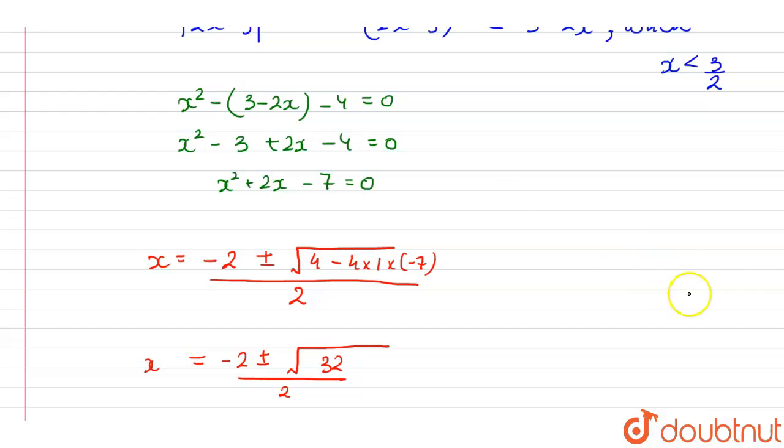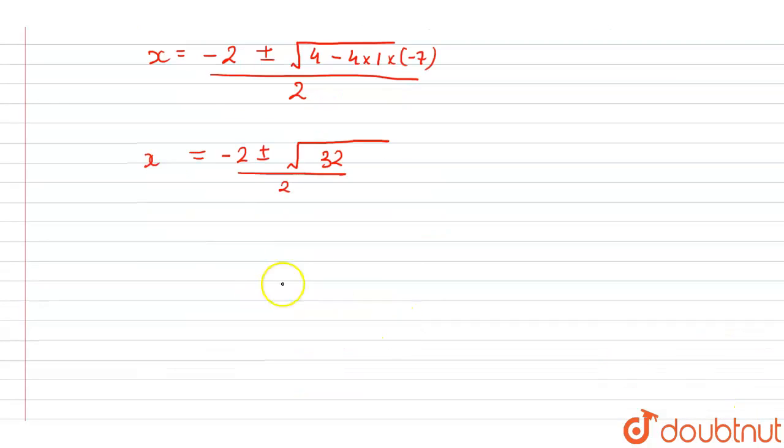So from this we get two values of x. One value of x will be minus 1 minus 2 root 2, and the other value of x will be minus 1 plus 2 root 2.